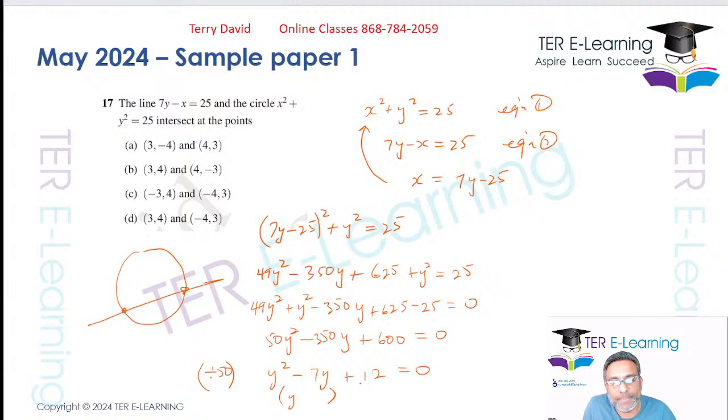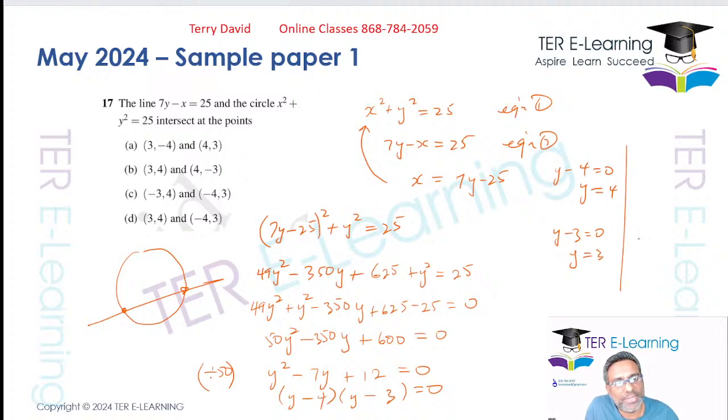So this is y, 4 and 3, with a minus sign and a minus sign here. So we get y minus 4 is equal to 0, therefore y is equal to 4, and y minus 3 is equal to 0, so y is equal to 3. So we have the two y values.